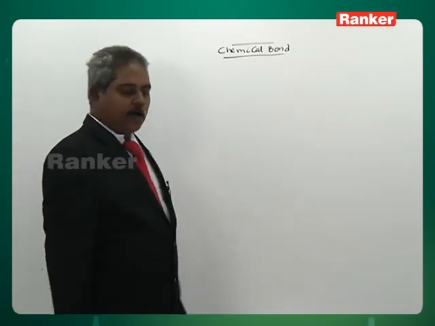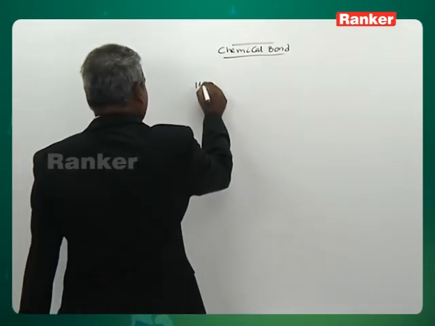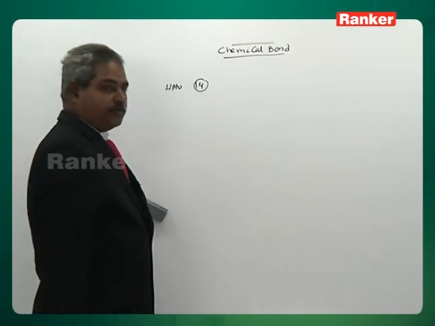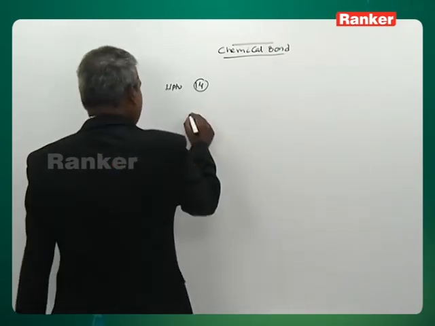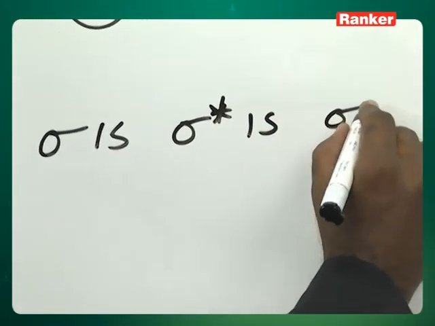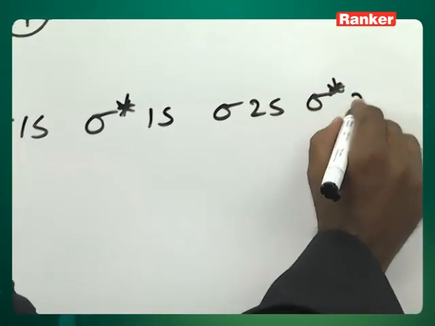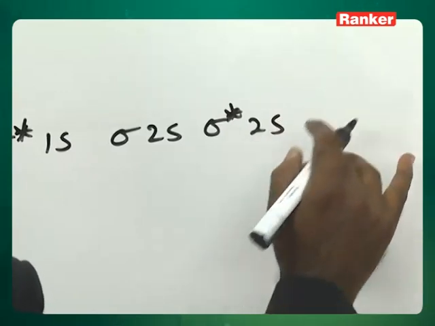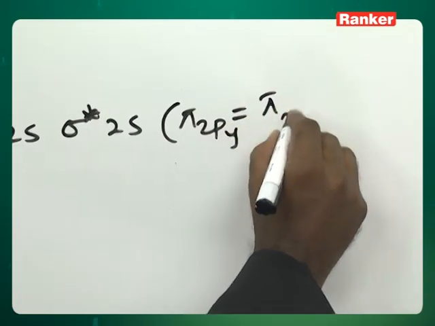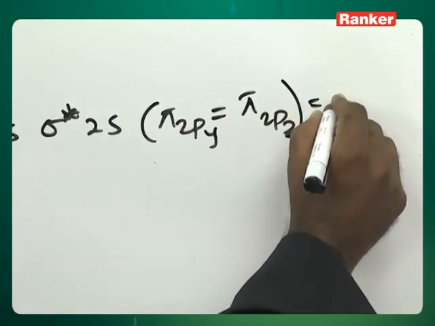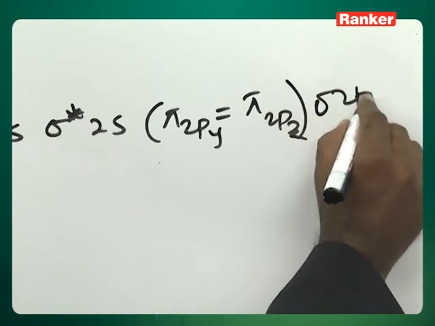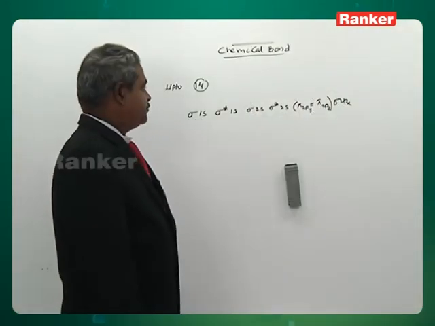Up to nitrogen, that means up to 14, the electrons must be filled in the following manner: sigma 1s, sigma star 1s, sigma 2s, sigma star 2s, pi 2py equal to pi 2pz, next sigma 2px.